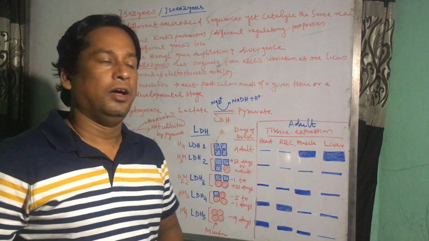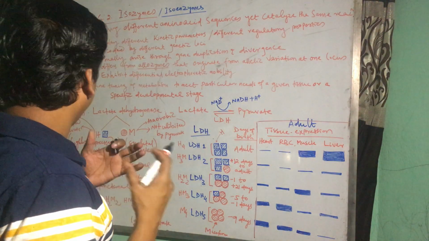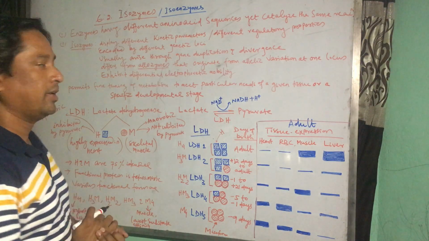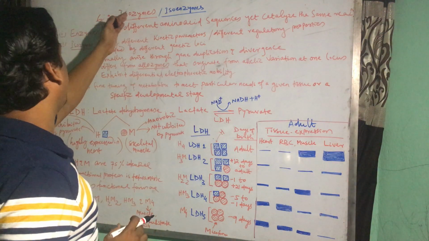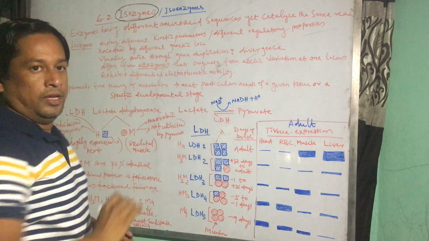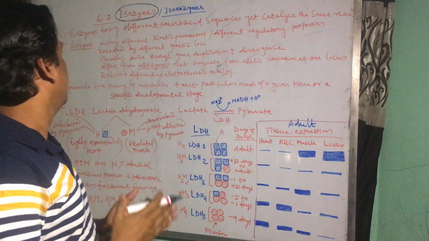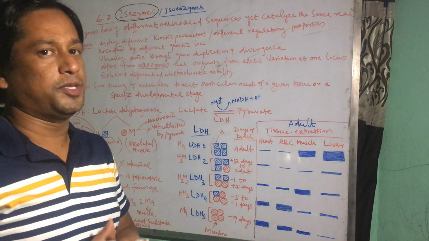Today we'll be looking at another method of regulation of enzyme activity, and that method is through isoenzymes or isozymes. So, isozymes are the different forms of the same enzyme.